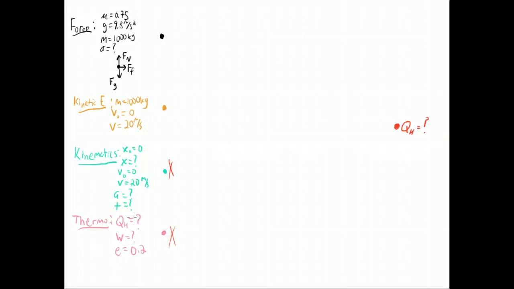The reason is, well, first of all, this is essentially our end goal, to be able to do the thermodynamics part. So that's not going to happen until we're over here anyway.